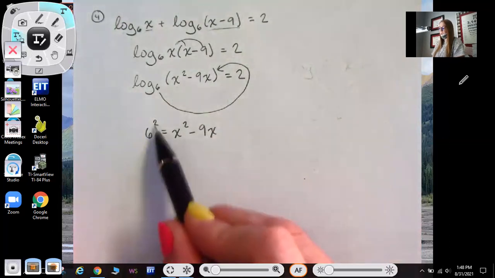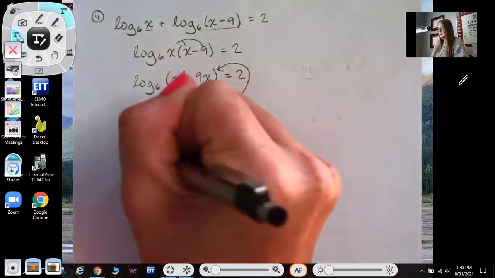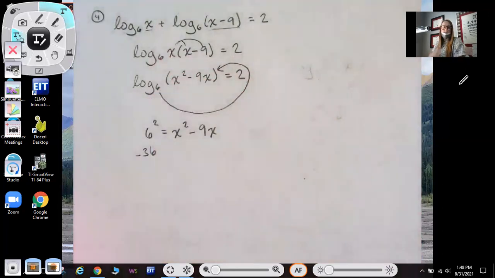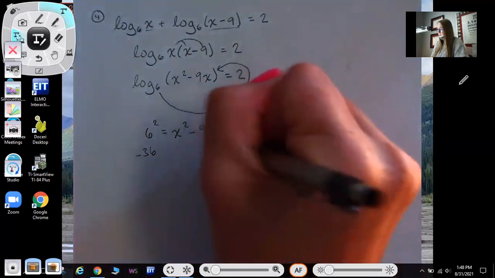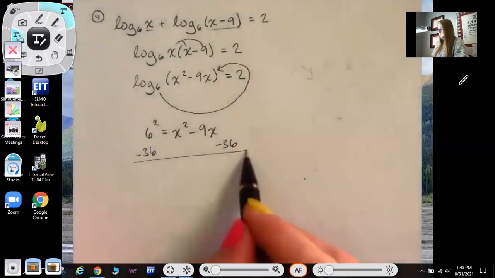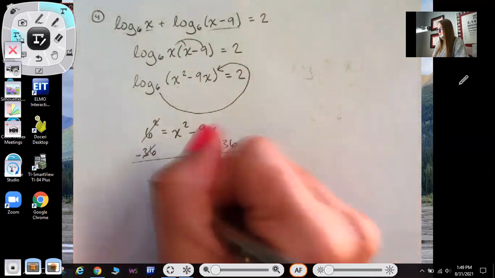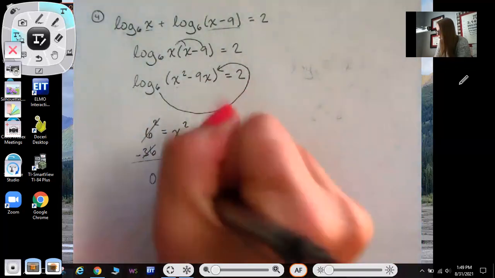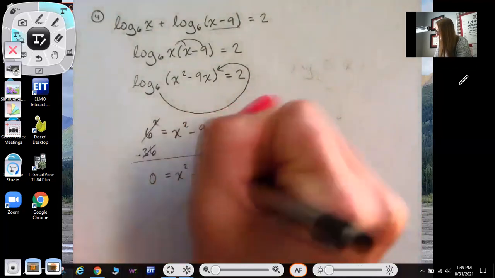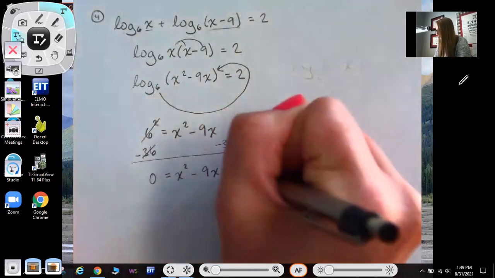It's positive right now, so I want to make sure it stays on this side. So I'm going to move this 6 squared to the other side. We know 6 squared is 36, right? So I'm going to subtract 36 from both sides. That cancels out on this side and leaves us with 0. Then we have x squared minus 9x minus 36.